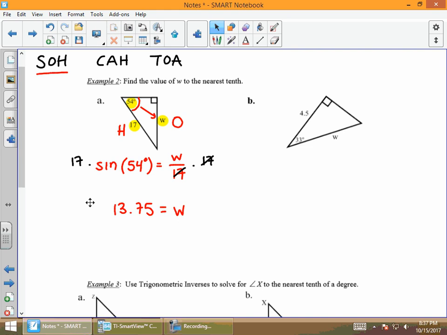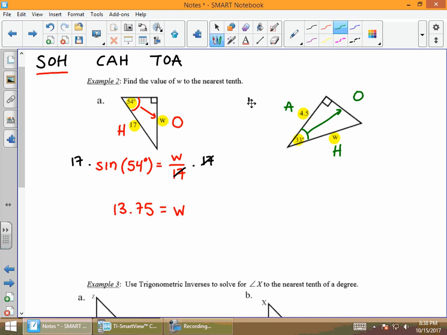All right, for example B, here's my angle. So the leg that's on the opposite side is the opposite. The leg that it's touching is the adjacent. And across from 90 is the hypotenuse. Well, as I take a look, just like I did in that first problem, these are the three pieces of information that I have.